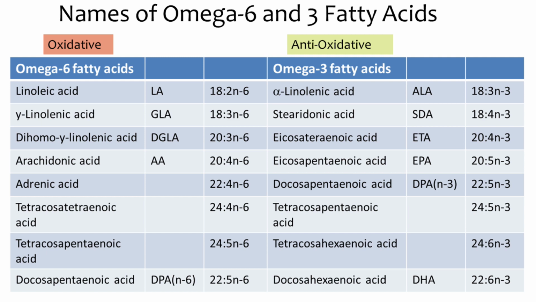As an overview, here is a list of the omega-6 and omega-3 essential fatty acids. Oxidative are the omega-6 fatty acids, linoleic acid, or LA, which is an 18-carbon chain essential fatty acid. Antioxidative is omega-3, alpha linolenic acid, also an 18-carbon chain essential fatty acid. Both omega-6s and omega-3s are precursors for additional omega-6 and omega-3 fatty acids.